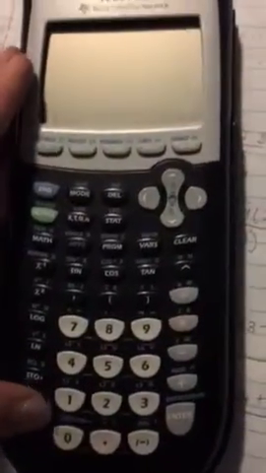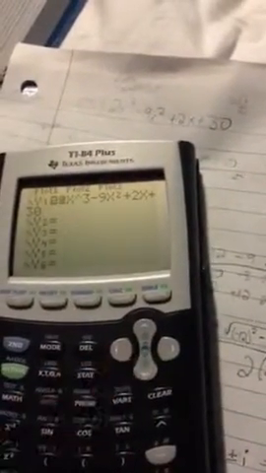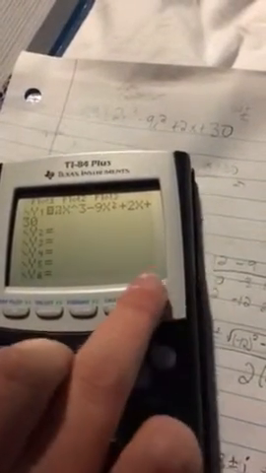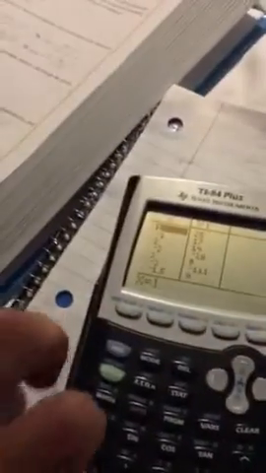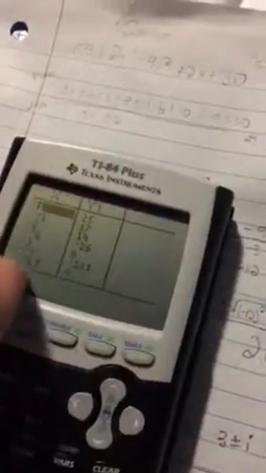So the easiest way to do this is to take your calculator and plug the function in. So here's the function in my calculator, and you go to second table and you plug in each possible zero to find if it's a zero.